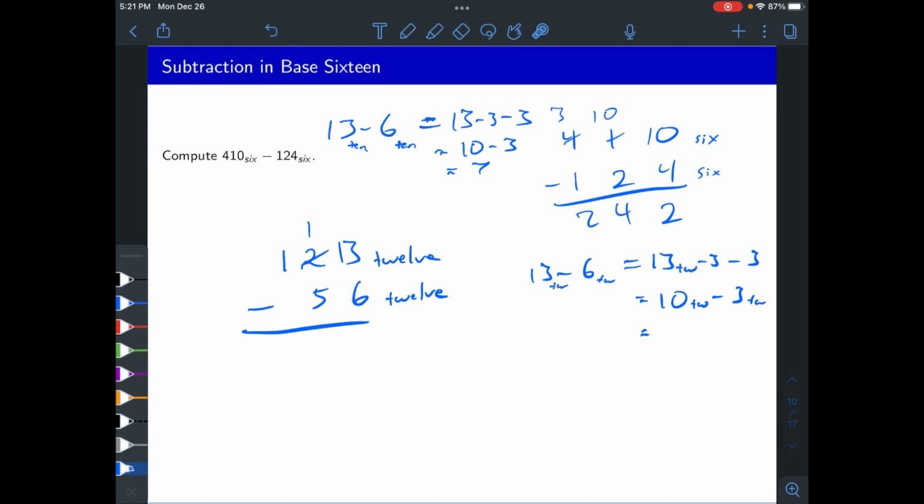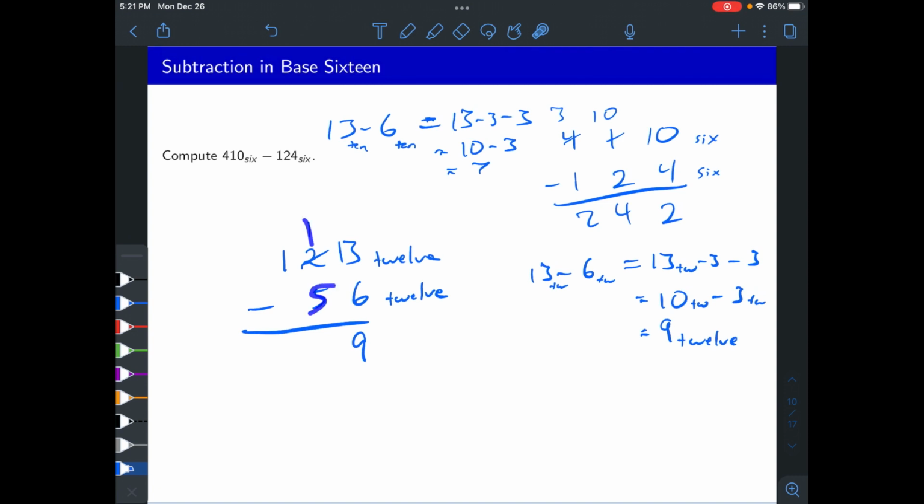Counting down from there, we go a group of 12, a group of 11, a group of 10, a group of 9. Or you could just think 3 plus what gives me one group of 12? 3 plus 9 gives me one group of 12. So we'll put a 9 right here.